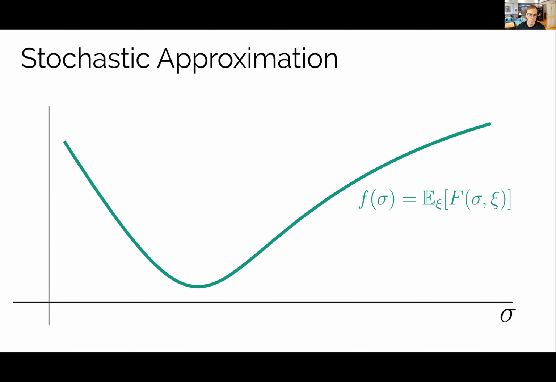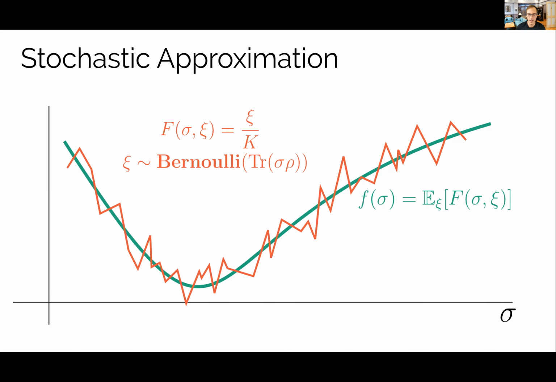However, if I'm in a stochastic situation, and every time I ask, what height am I at, I get a random answer. Then, instead of trying to minimize the function f, I try to minimize this red function, which is some sort of noise corrupted version of f.